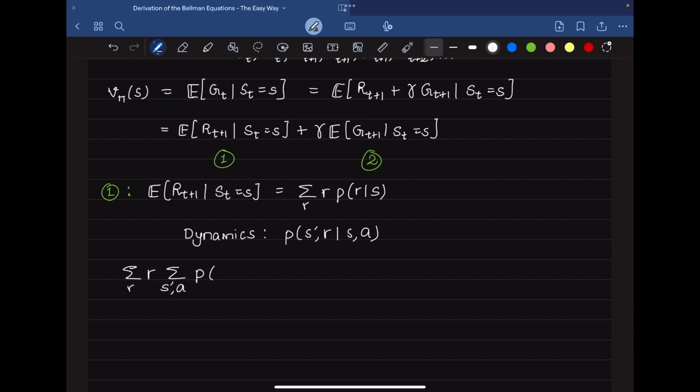Probability of getting the reward R, landing in the state S prime and performing the action A, given I was in the state S. Now this is again not known to us, but we will make use of this somehow. So now note that this is basically the joint PDF of reward as well as S prime as well as A as well as S divided by the probability of S.